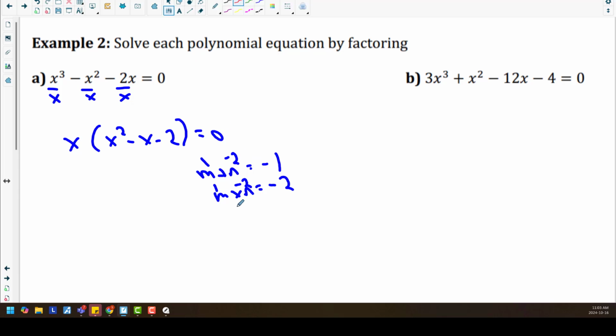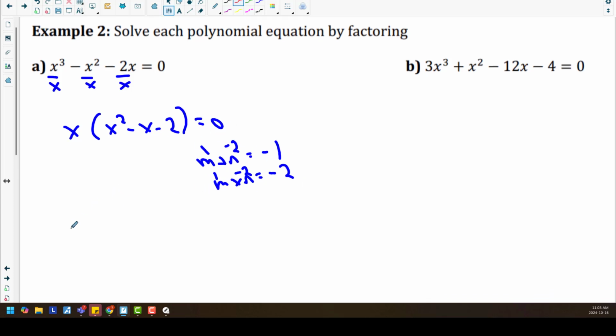And the two values are, what's 1 times -2? -2, 1 plus -2, -1. No, that's right, -1, -2. Hold on. What did I do wrong? x squared minus, let's do minus.